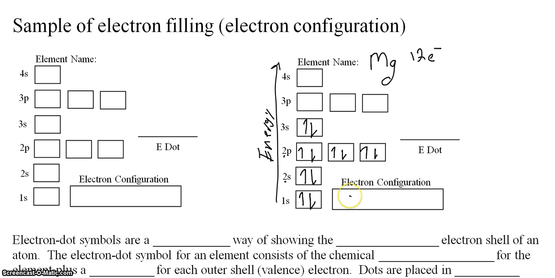So now we would write this. To write our electron configuration, we would go 1s2, 2s2. So I have my 1s has 2 electrons, my 2s has 2 electrons. Okay, my 2p, how many electrons are in my p? Pause for a moment.